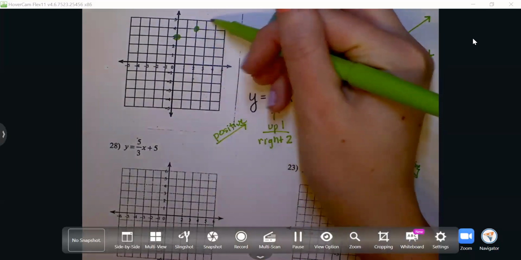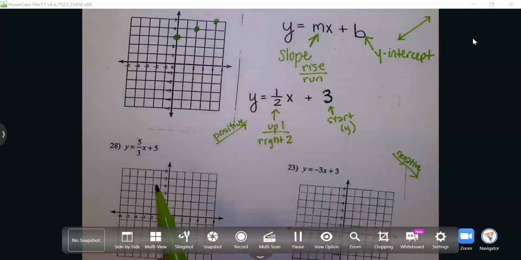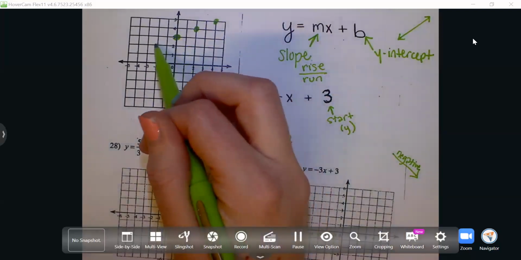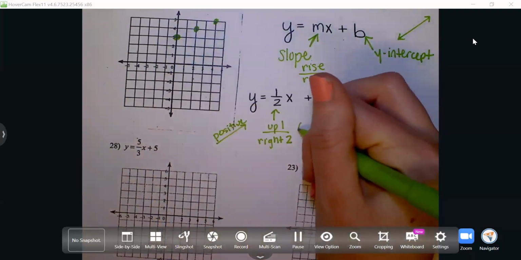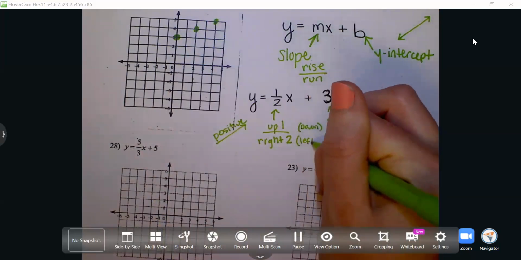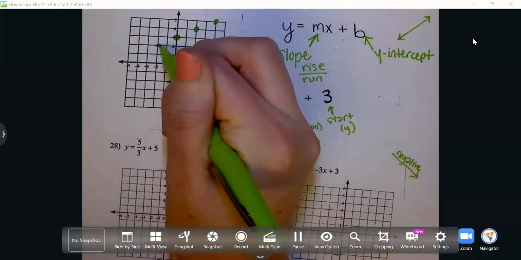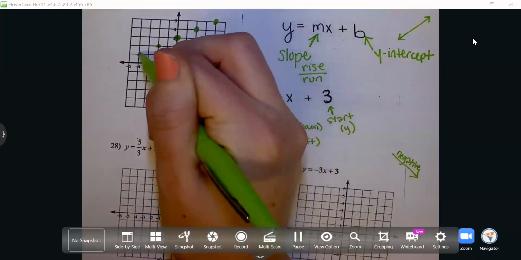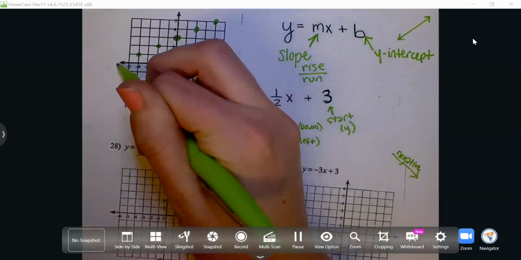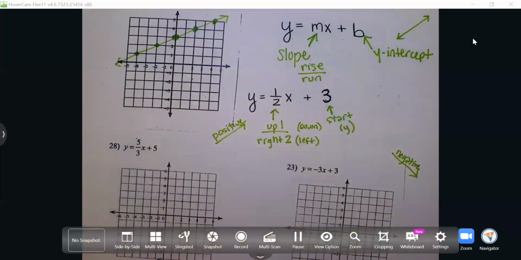Up 1 and to the right 2, and I put a nice big dot there. If I wanted to go in the other direction, it'd be down 1 and to the left 2. You could also go down and to the left. So down 1 and to the left 2 and put a dot. Either way, so that my line extends all the way across my graph.